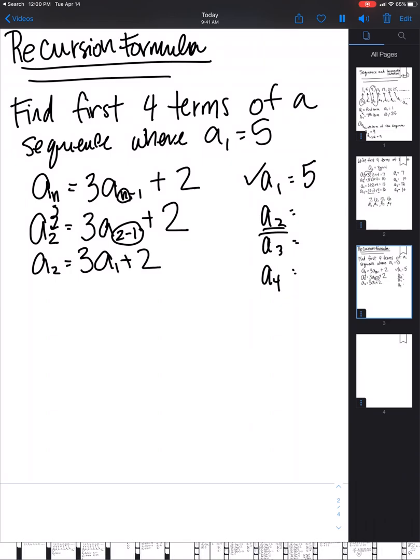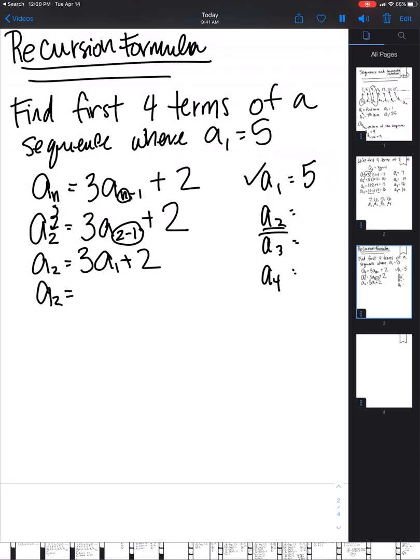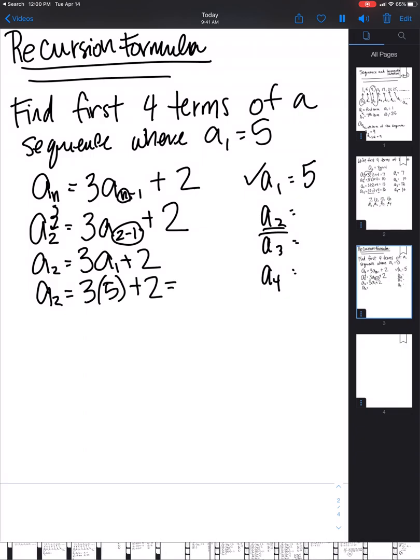Do I have the value for A1? Yes, I do, because they gave it to me. The value for A1 is 5. So A2 equals 3 times 5 plus 2, and that gives you 15 plus 2, which is 17.